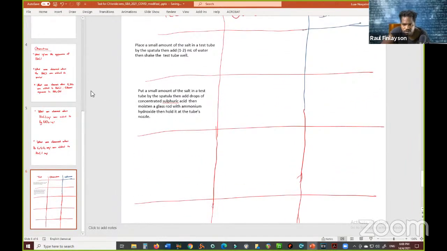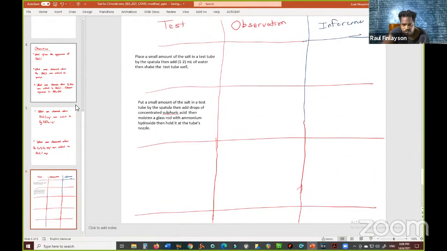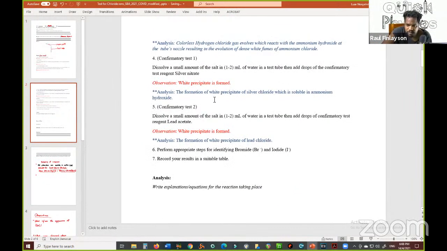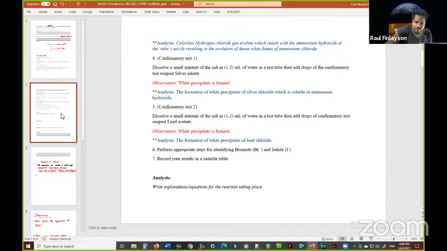So there you go, guys. After we do this lab, we have the same thing to do for testing for bromide ions and for iodide ions.